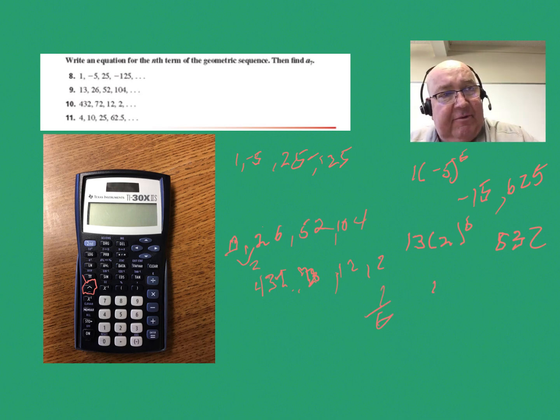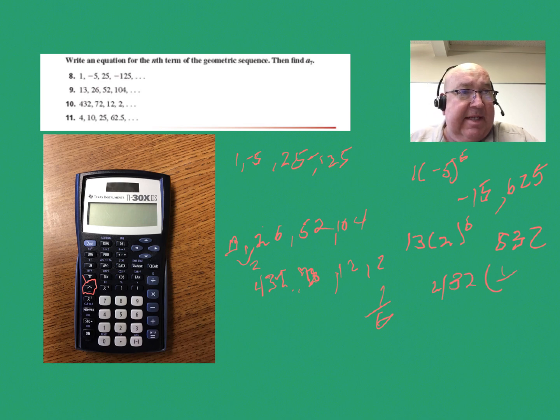So we're going to have 432 times 1/6 to the 6th power. And I come up with 1 over 108.